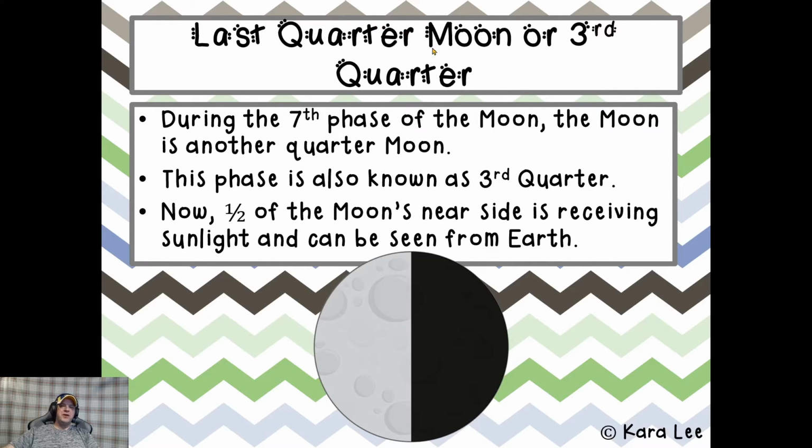Last quarter moon, or third quarter moon. Typically I refer to it as the third quarter. The seventh phase of the moon is another quarter moon. This phase is also known as third quarter. Now, half of the moon's near side is receiving sunlight and can be seen from Earth. So here we are again. I can see the left side of the moon during the third quarter.